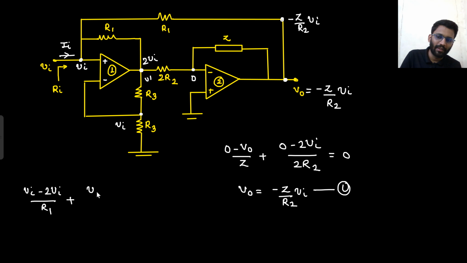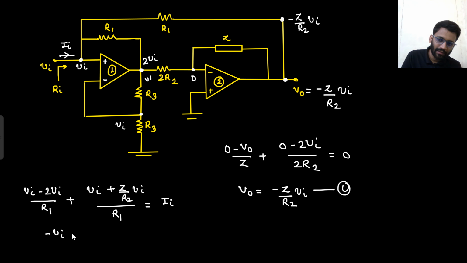So V in minus of Z by R2 into V in divided by R1 is equal to I in. That's it.